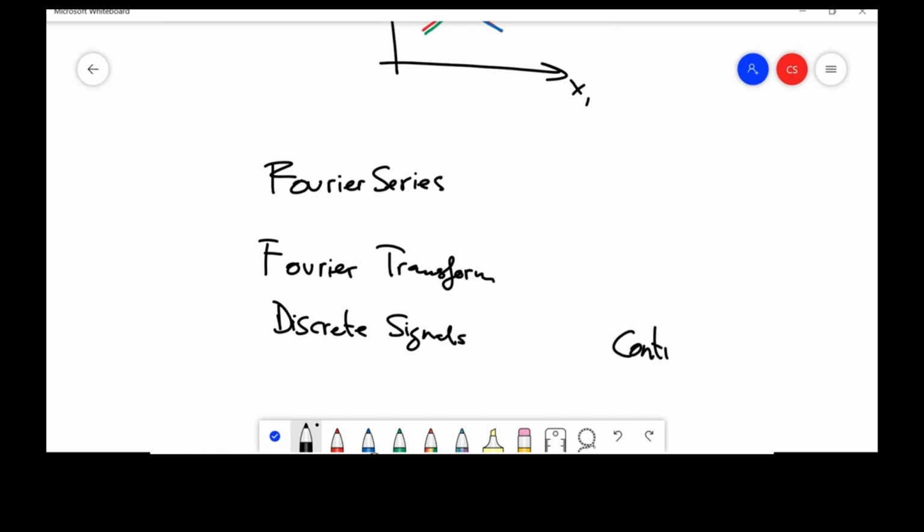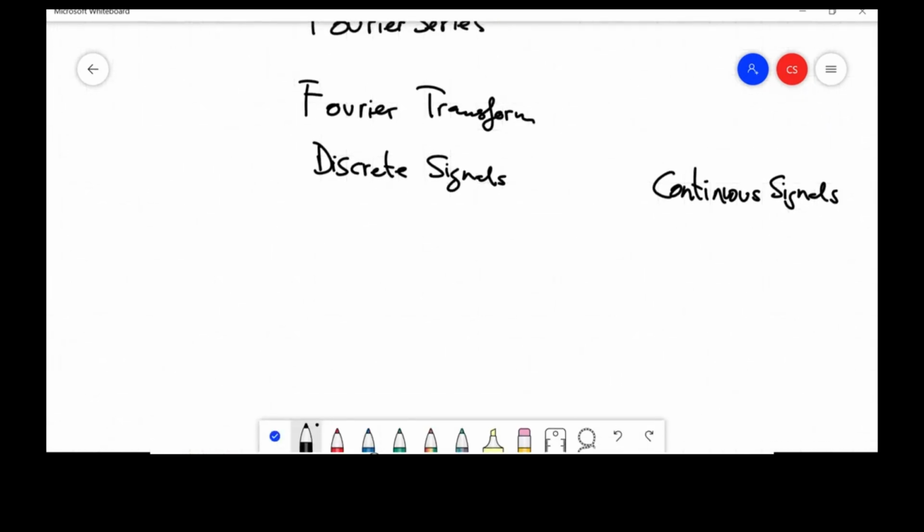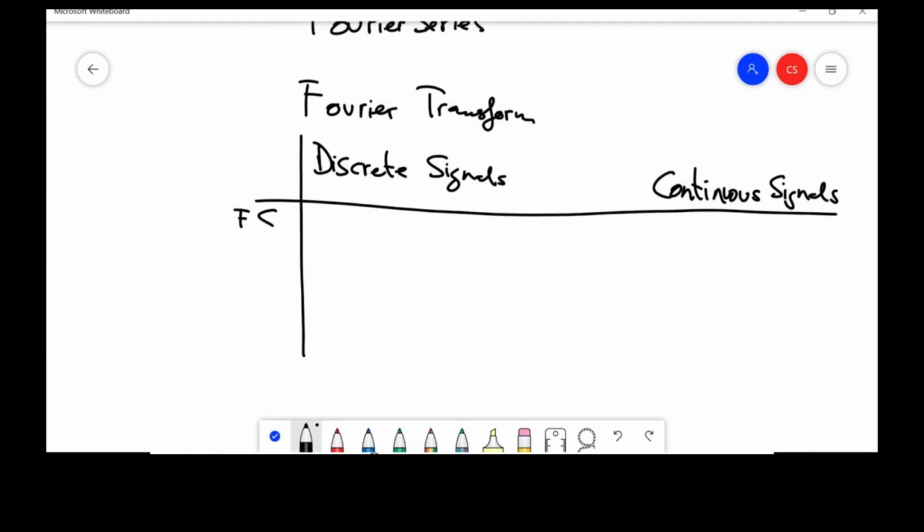I should have organized this differently. Okay, so this is a reminder. Let me put it in this way. So we have a Fourier series and then Fourier transform.